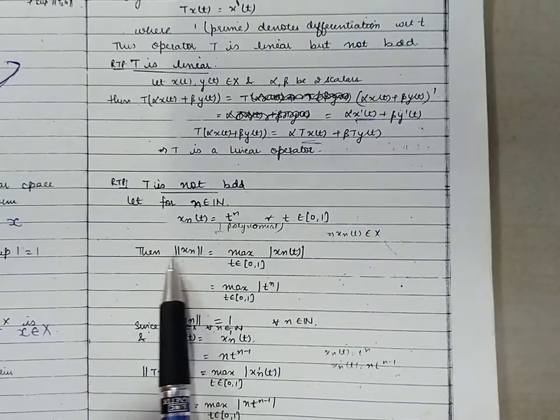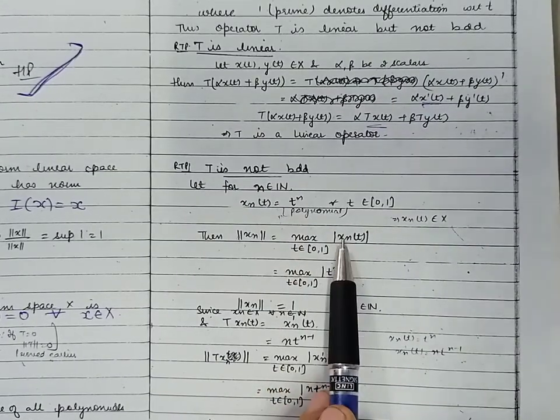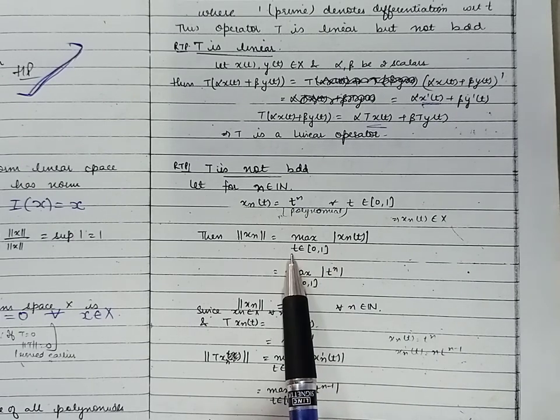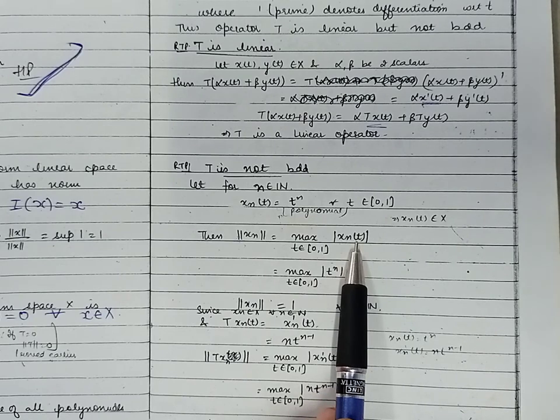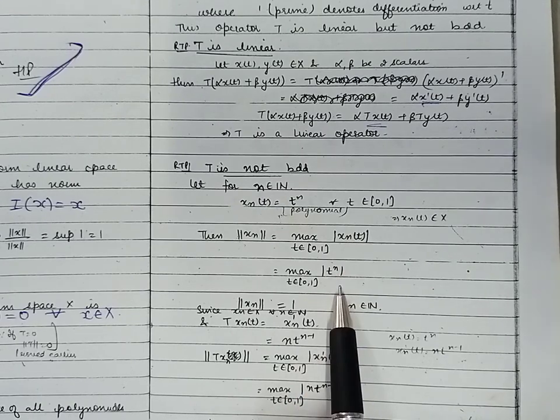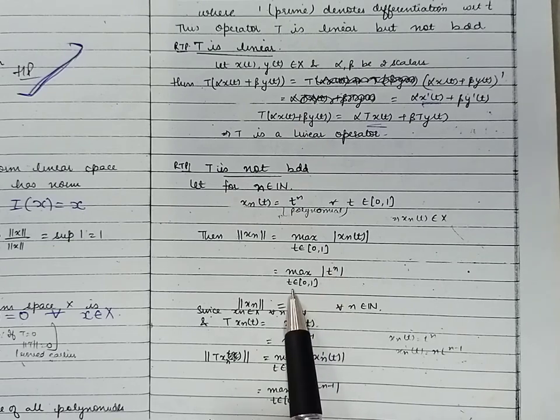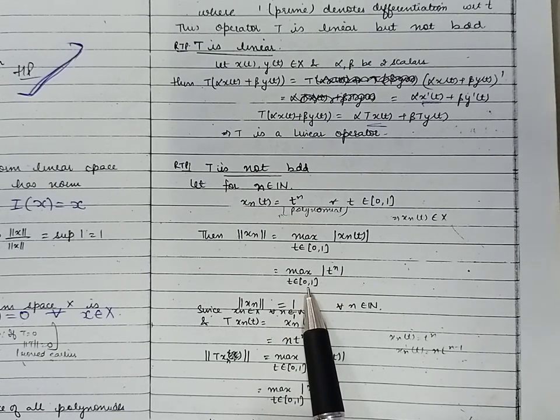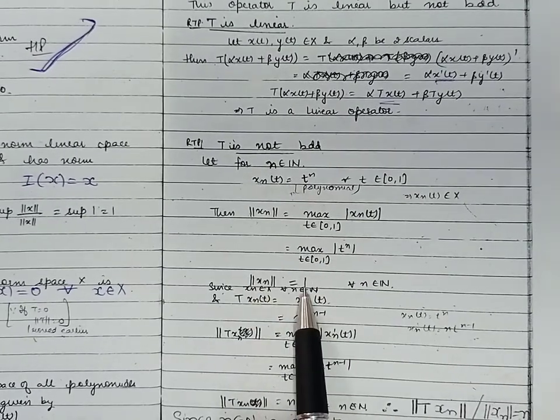Using this definition, the norm of xn is the maximum of mod of t raised to the power n, where t belongs to [0, 1]. On this interval, the maximum value of this is 1. So the norm of xn is 1.